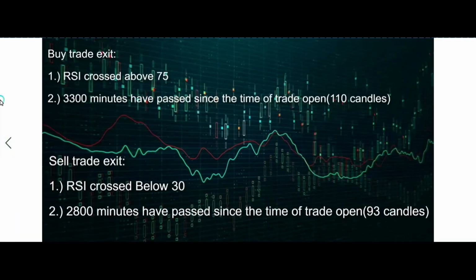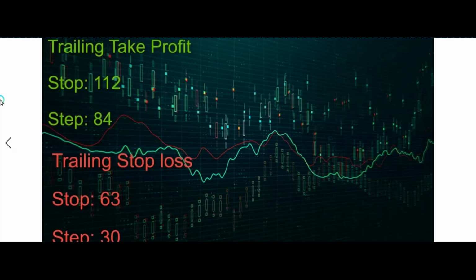I want to show you one more thing, and that is, I recommend trailing take profit and trailing stop loss as well. Most people only use trailing stop loss, and I don't know why, because trailing take profit is just as important. So I would recommend to use that as well with higher values than the trailing stop loss.